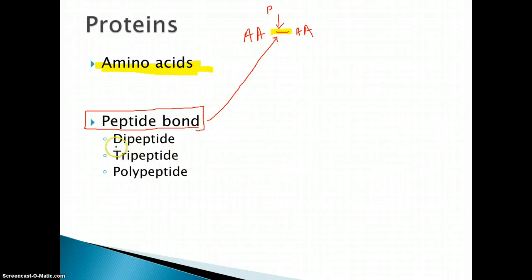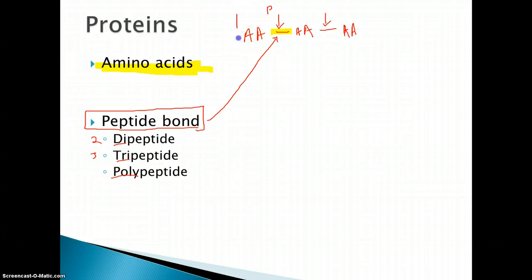And now here are some basic terms: dipeptide, tripeptide, and polypeptide. Di means two, tri means three, and poly means many. So when there are two peptide bonds, here's one peptide bond, here's another, and here's an amino acid.